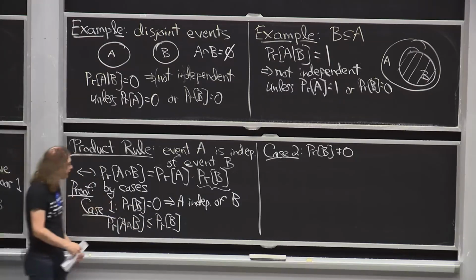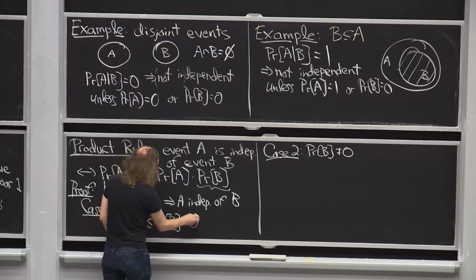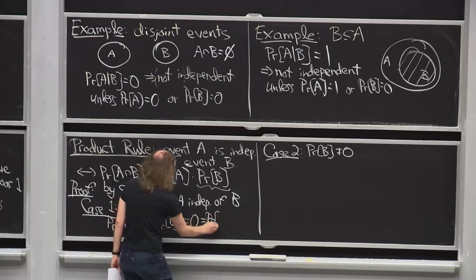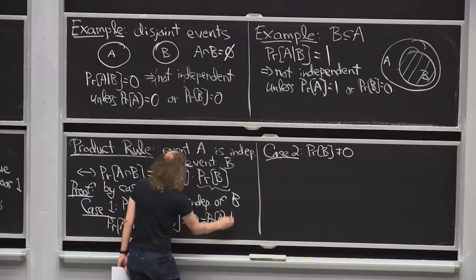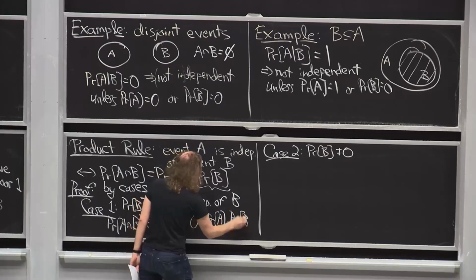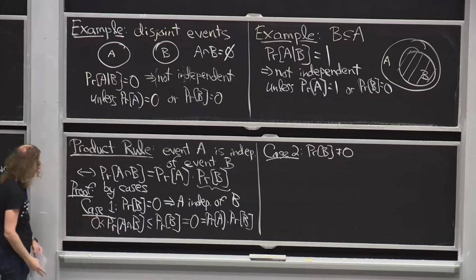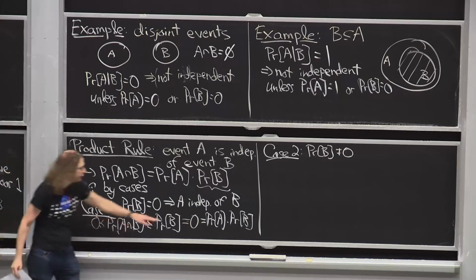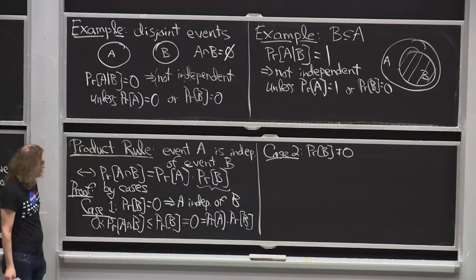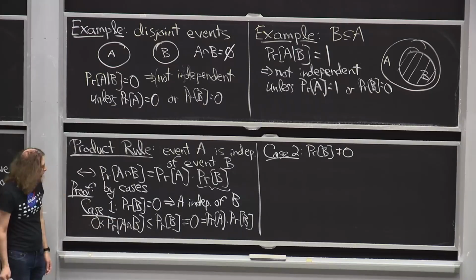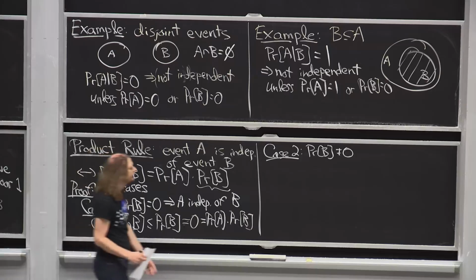And probability of B is 0 by assumption, and so it's also equal to probability of A times probability of B. I'm also using that probabilities are non-negative. And so I've sandwiched this probability between 0 and 0, which means it equals 0. It's both less than and greater than or equal to 0, so it equals 0, and we're done with that case.